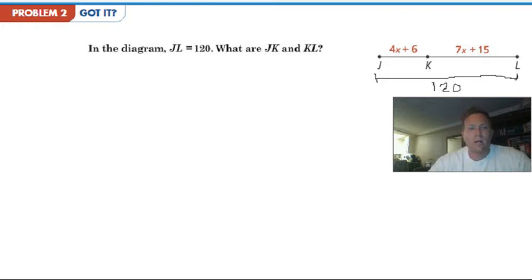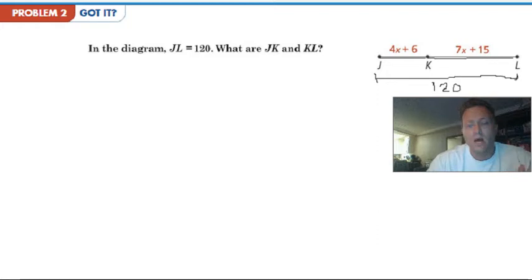Remember, at the very beginning we had our addition segment postulate, which just means that if we have one part of the segment and another part of the segment, then together they equal the total segment. So if I take this JK, this portion of the line, and this KL, that portion of the line, and add them together, it's going to equal JL, the total.